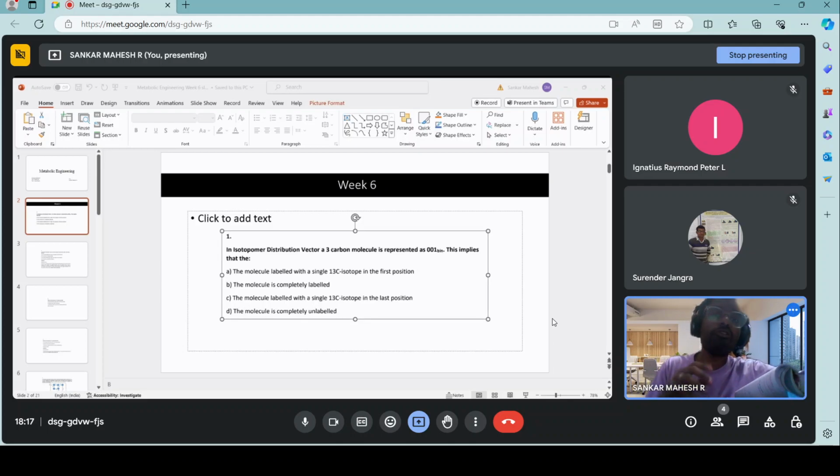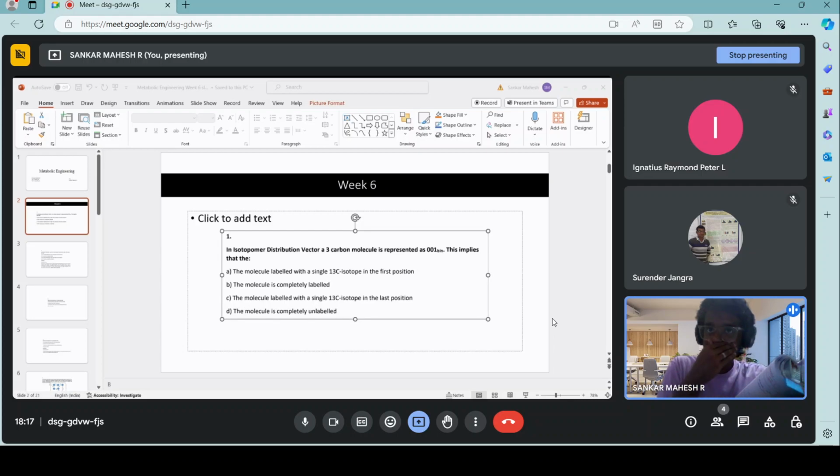They could be of varying intensities. So from gas chromatography and mass spec experimental results, one will be able to obtain what fraction is fully labeled, what fraction is not at all labeled, and what fraction is partially labeled. So you will basically get intensities, and that is represented as a vector. That is the isotopomer distribution vector.